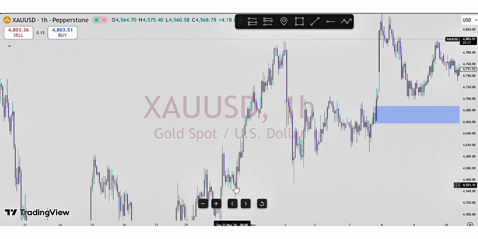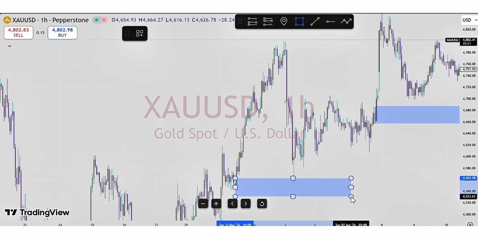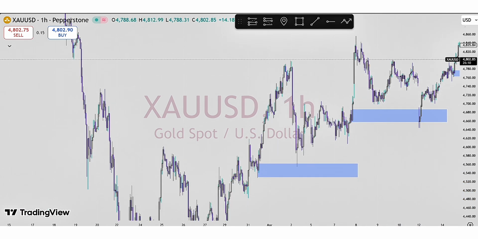We say the last candle before the impulse move. This is an impulse move. What then happened in this candle? Take note of how I am drawing this. Are you seeing that the market came back here and then it rallied up to this point?